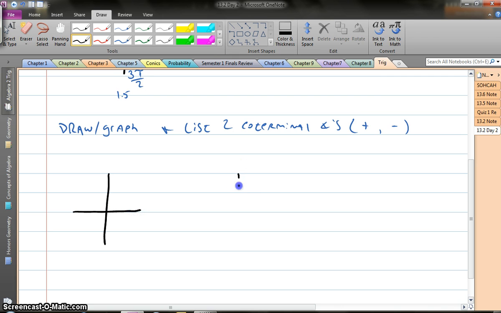1, 2, 3. The first one, let's start easy, is pi. We know a full turn is 2 pi, so starting here to here is 1 pi. So my radian measure is 1 pi. Now let's do my coterminal angles.